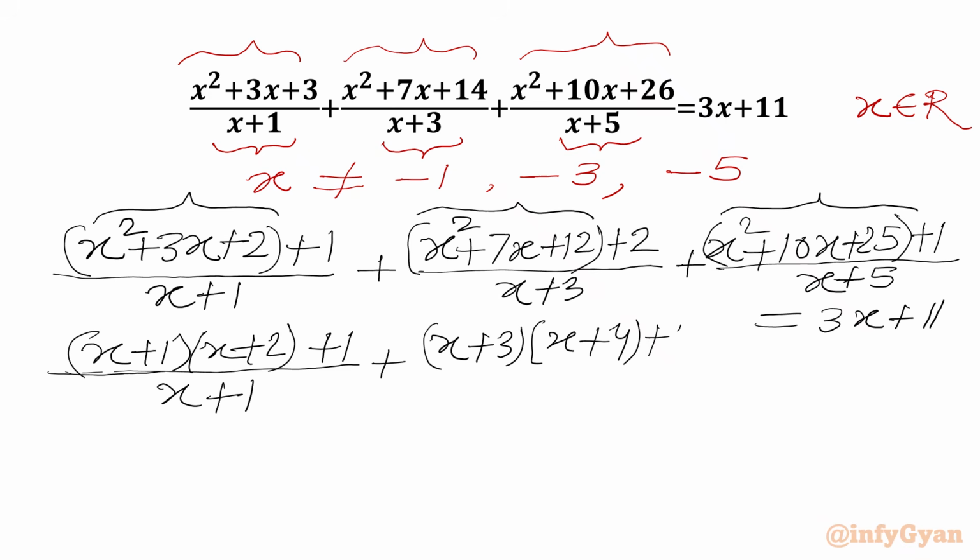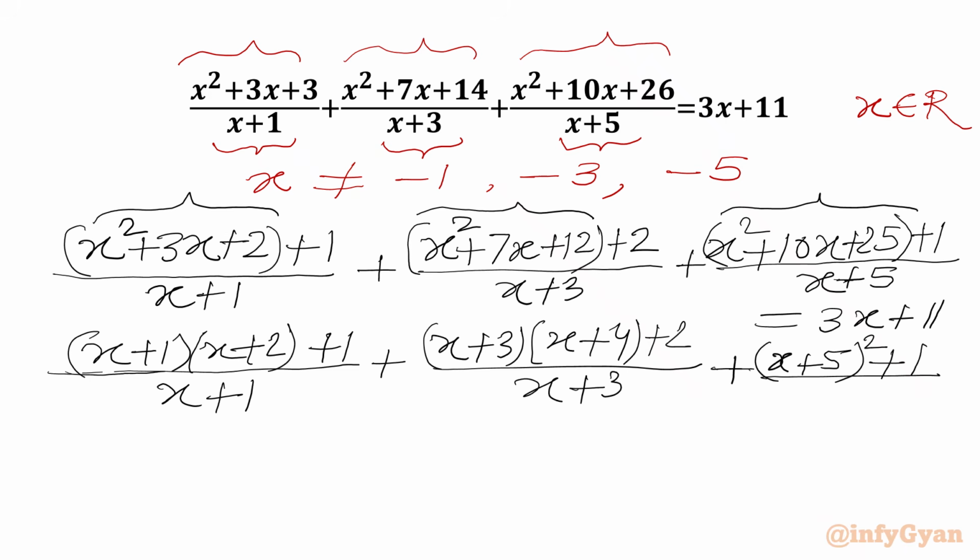Then we have plus 2 in the numerator and the denominator is x plus 3. Then this is x plus 5 whole square, so we'll write x plus 5 whole square plus 1 over x plus 5. And RHS is 3x plus 11.